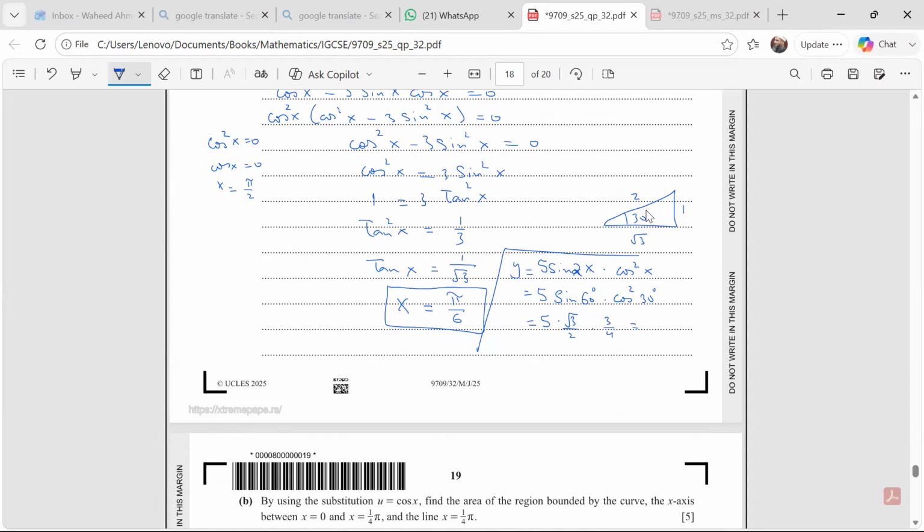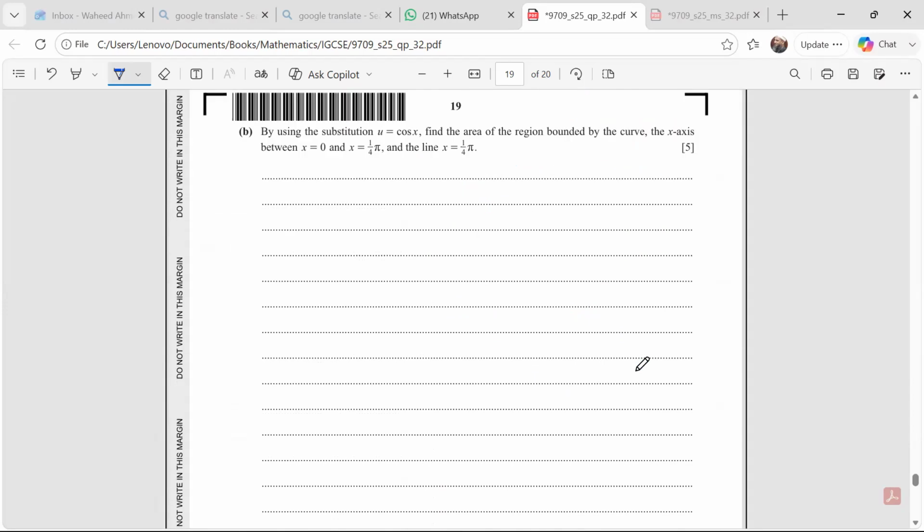When we simplify it, we get 15 under root 3 divided by 8. So the coordinates of point M are x is pi by 6 and y is 15 under root 3 by 8. I hope you understand every step and the logic behind every step.